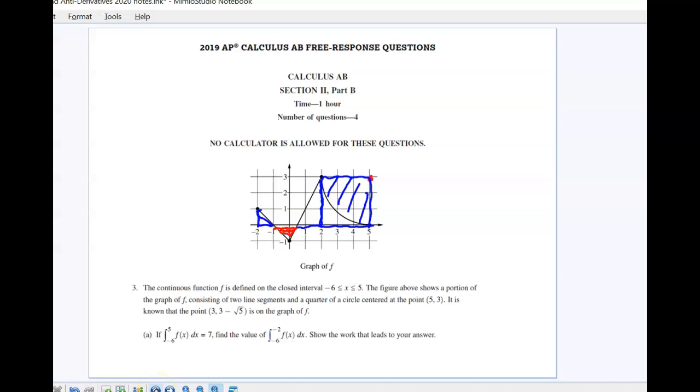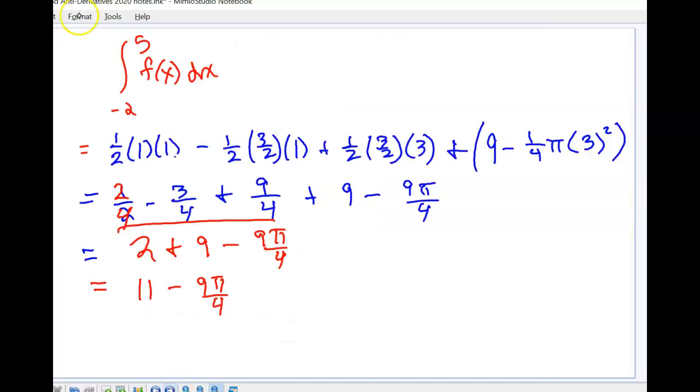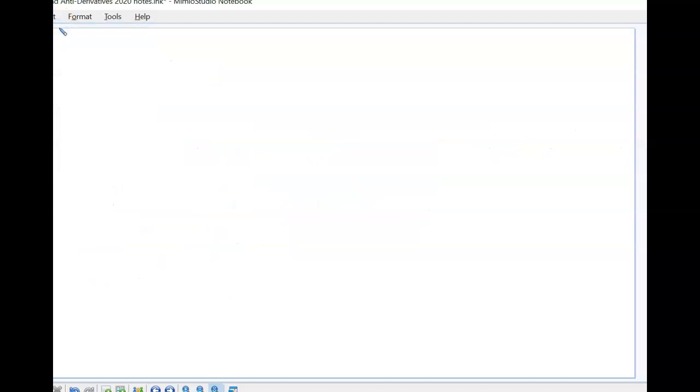But we're asked to figure out the area from -6 to -2. So we have to come up with an equation to do that.